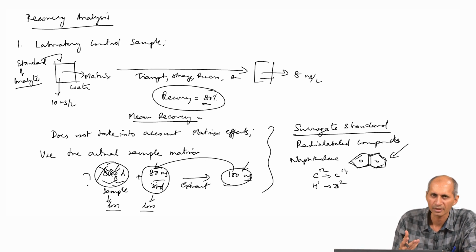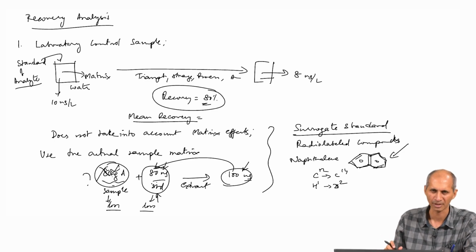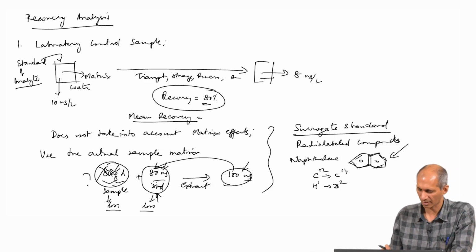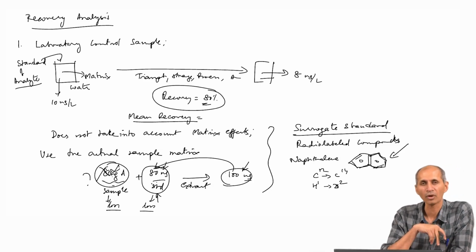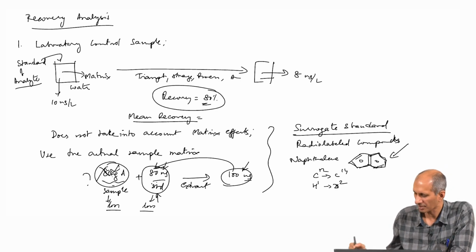In the sample, we get a signal of naphthalene, we have some value of naphthalene, but we know the value of the radio label standard that was injected and the radio label standard that was extracted. So, we use the extraction efficiency or the recovery efficiency of the surrogate standard and apply it to all compounds that are nearby. The reason I am saying apply to all compounds is that surrogate standards are expensive.